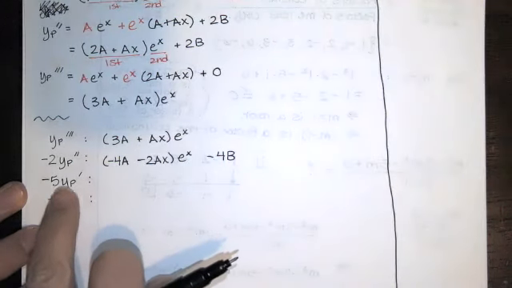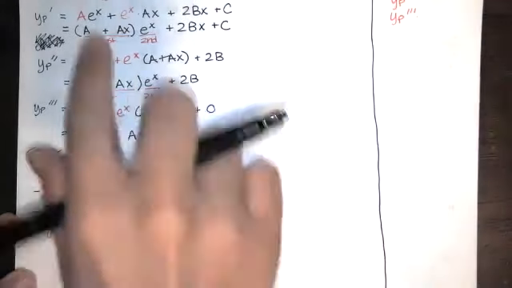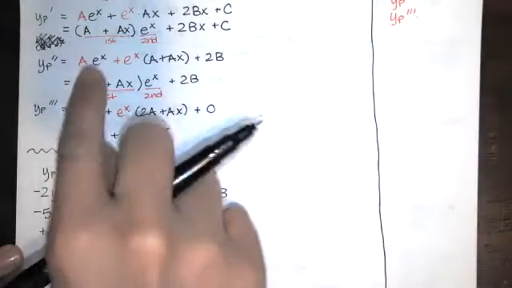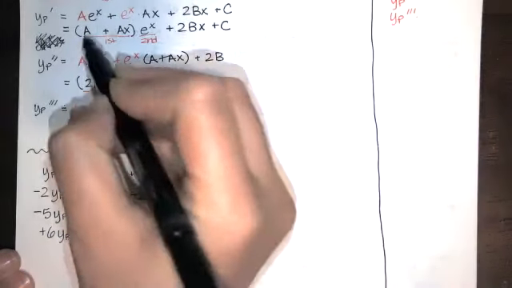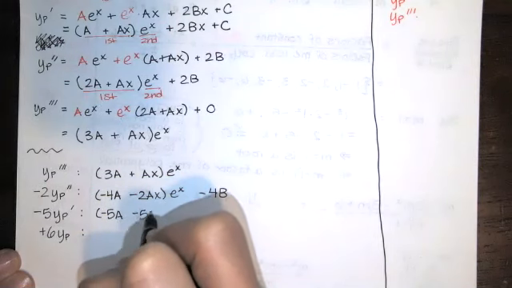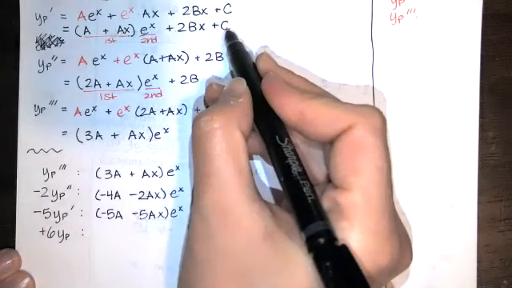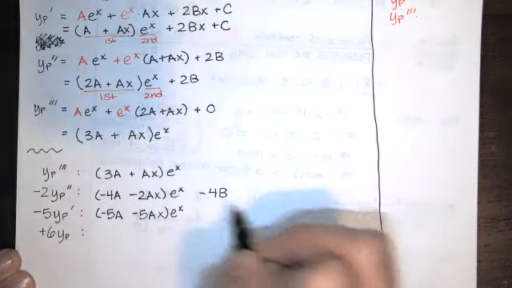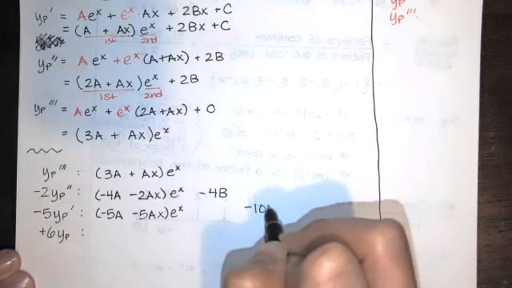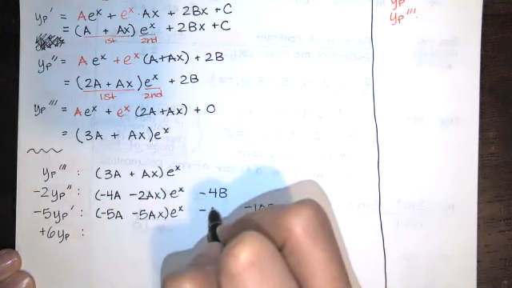Then we're going to take y sub p prime and multiply by -5. So this times -5 is going to give me a -5a minus 5ax times the exponential. And then -5 times this is going to be a -10bx. I don't have an x term, so I'll add that over here. And then I've got a -5 times c is going to give me a -5c.